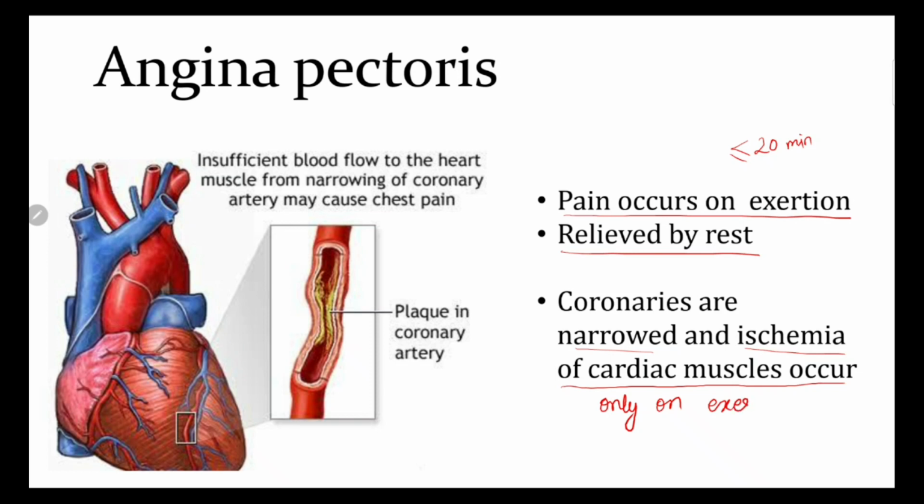So here you can see the insufficient blood flow to the heart muscle from narrowing of the coronary arteries. There is a plaque in the coronary arteries. Atherosclerosis can cause angina pectoris. Again, coming in the second year, you can study types of different angina. Even in physiology, there will be stable, unstable, and vasospastic or the variant angina.